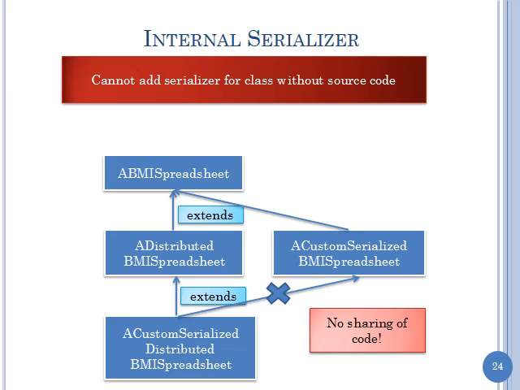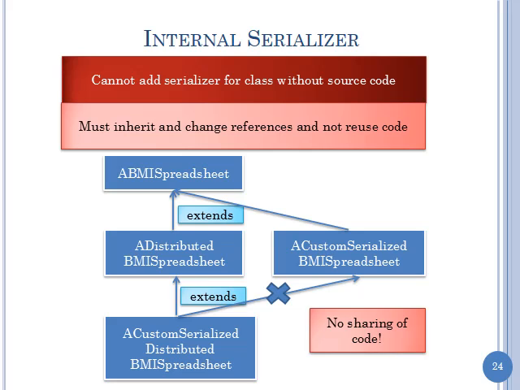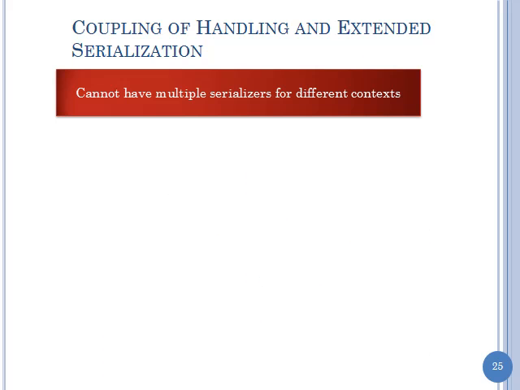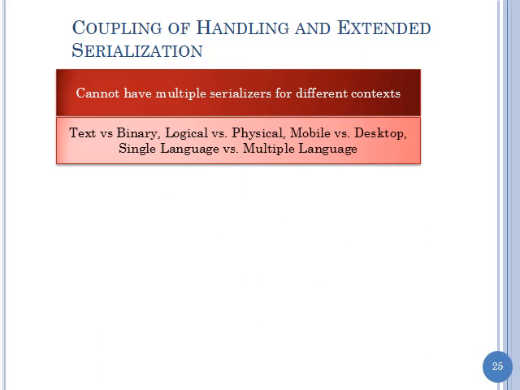So we can't do this if we assume that we are extending. So we really have to replace that, put the methods in that class. So we cannot have different serializable, different contexts, text versus binary, logical versus physical, mobile versus desktop.